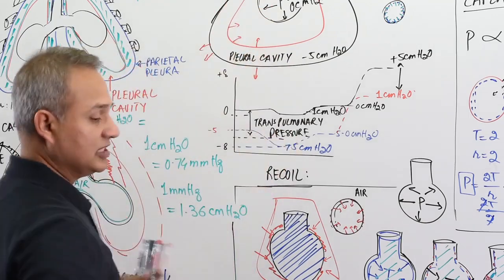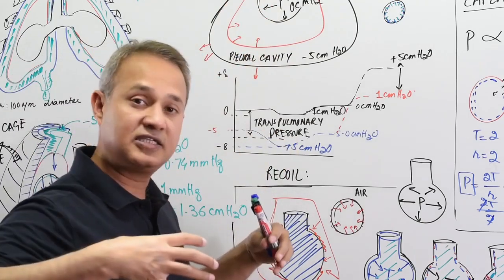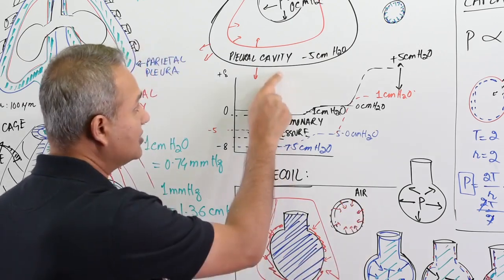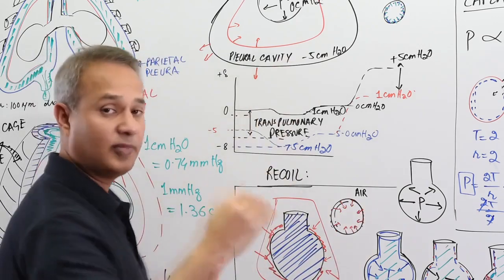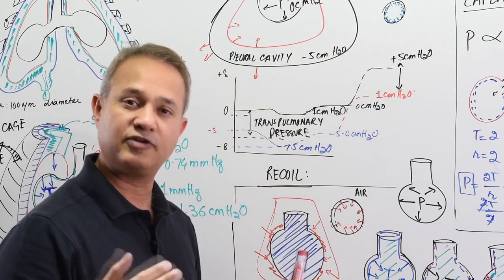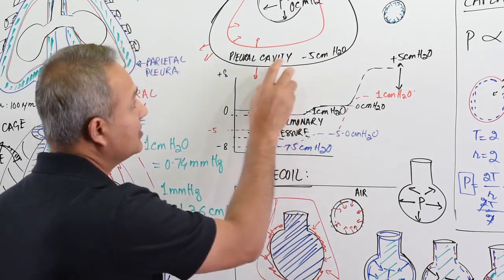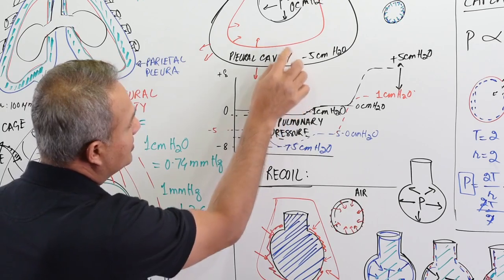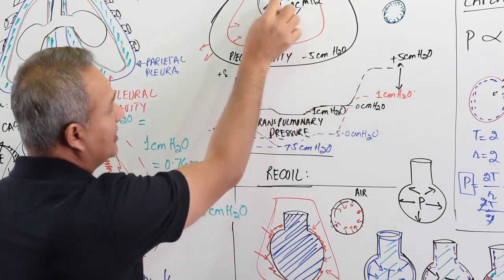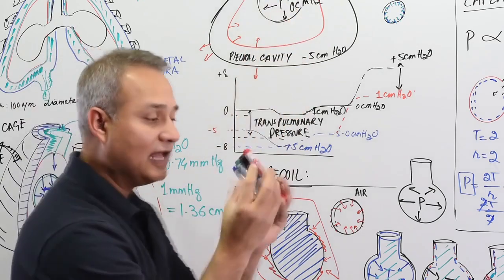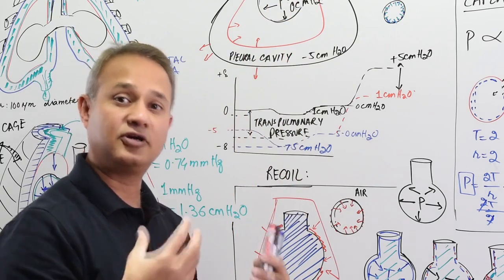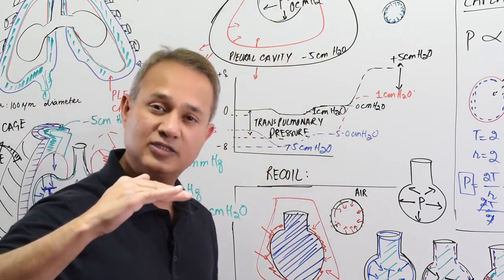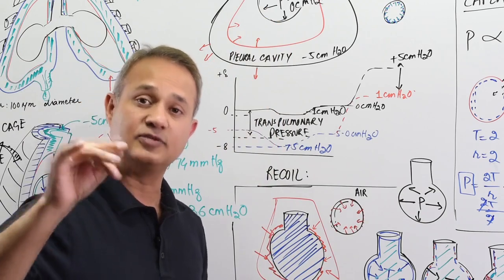If you inspire, you expand the chest, which causes a pull on the lungs and reduces the pleural cavity pressure from -5 to usually -7.5 or 8. If you pull from here, this pressure reduces, that pulls the lungs out, that pulls the alveoli out, and the alveoli expand a little bit. That causes a reduction in pressure in the alveoli as well, normally to -1 centimeter of water.